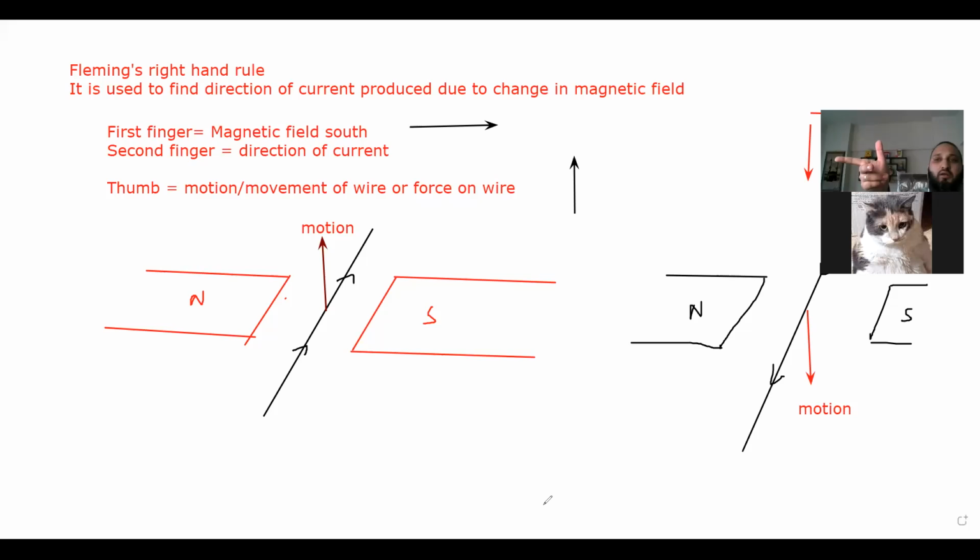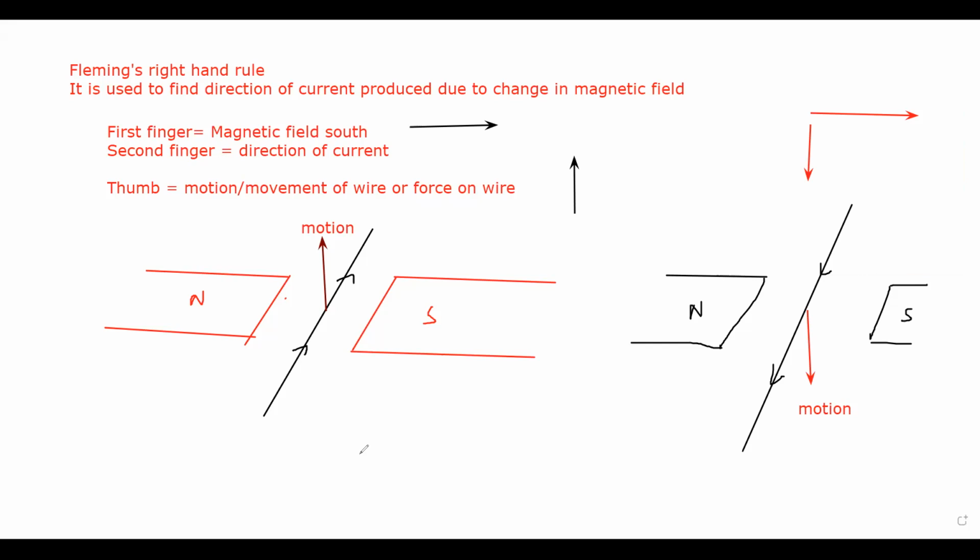As you can see, the south is on the right hand side, so my index finger is pointing towards the right. The thumb should point in the direction of the motion of the wire, so my thumb should point downward. Where the finger is pointing out of the screen, when I draw, the direction of the current will be outward. Is it clear?